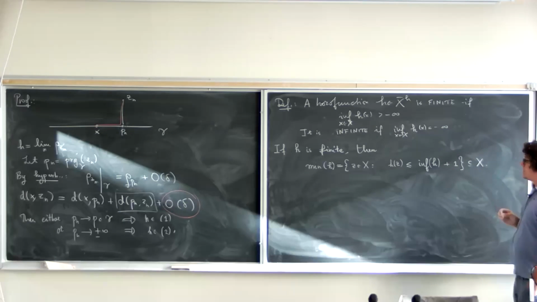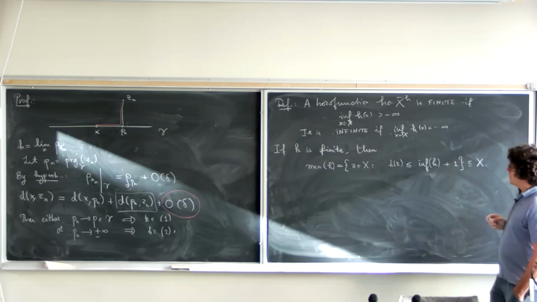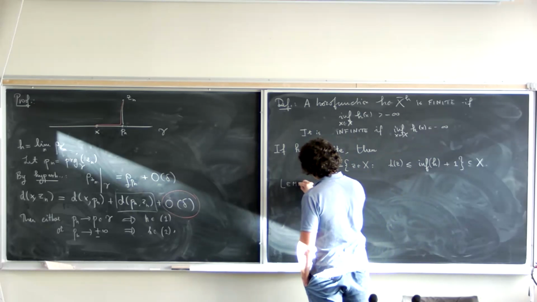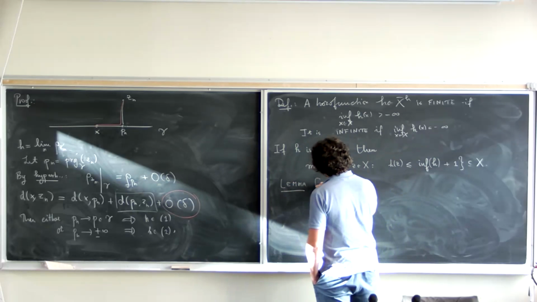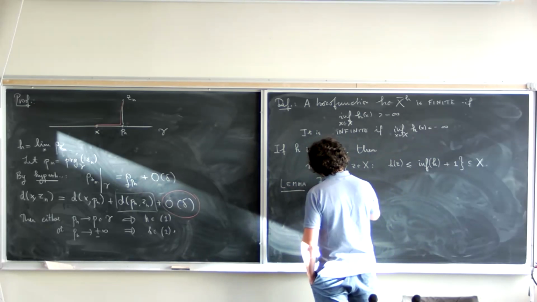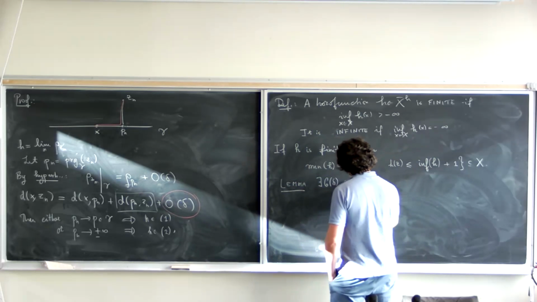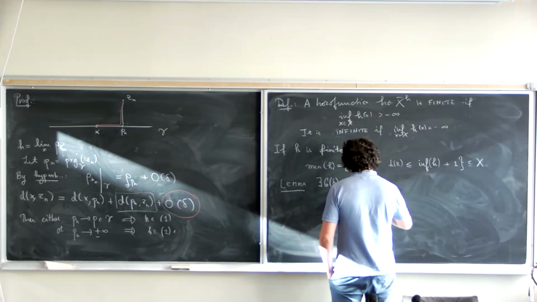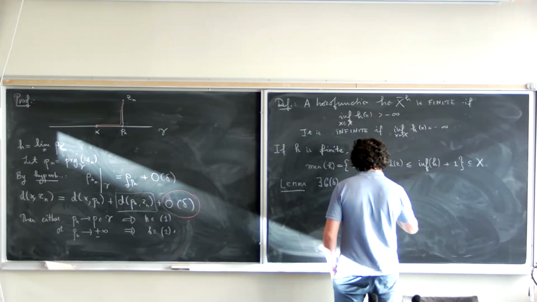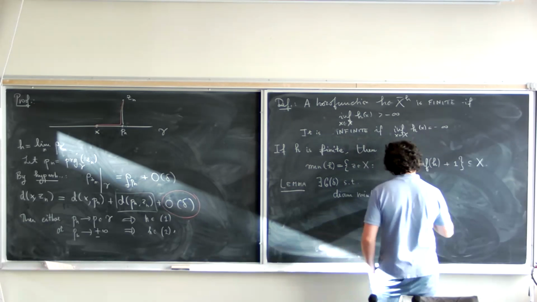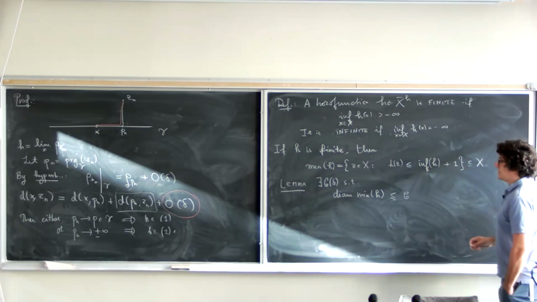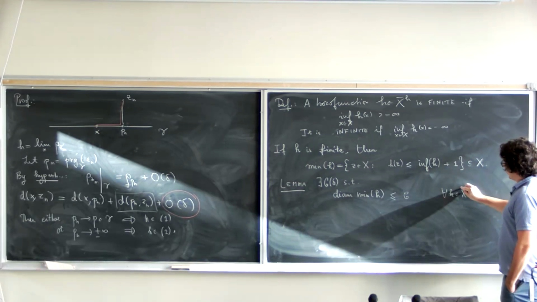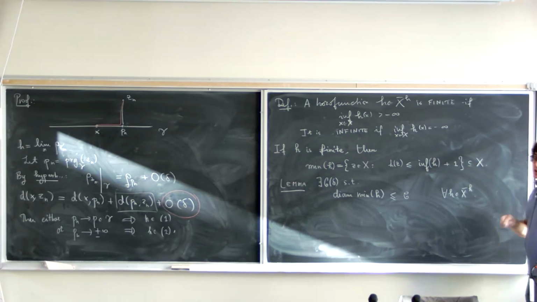Not quite the point, but what is really nice here is the lemma which follows from this classification: there exists some C which only depends on delta, such that the diameter of this minimum set is uniformly bounded by C for any H. So that's the cool thing.